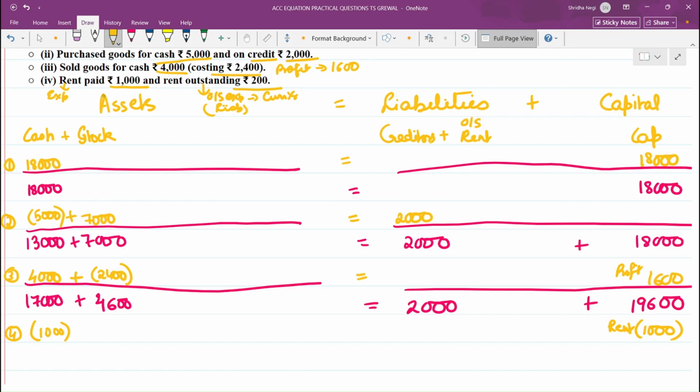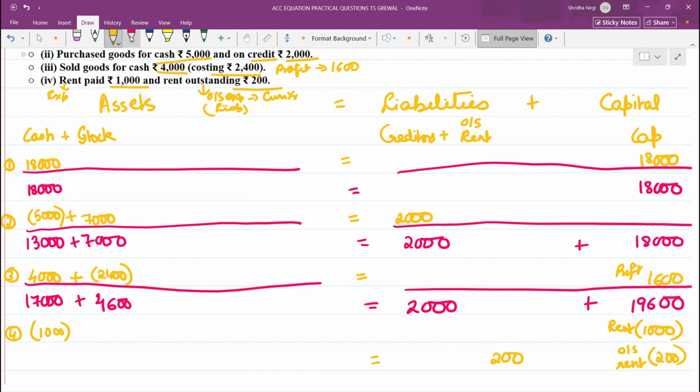So a new item has come in liabilities, that is your outstanding rent. So you will write 200 here and your capital will decrease by 200, which is your outstanding rent. So here two things are together, one is rent paid and one is rent outstanding.